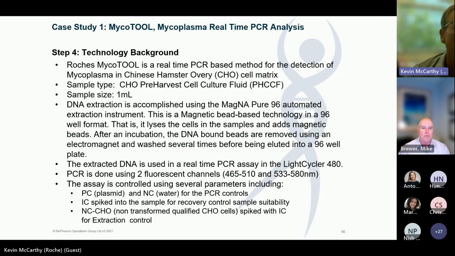The Roche MycoTool is a real-time PCR-based method for detecting mycoplasma in CHO cell matrix. And of course, the sample type is our CHO cell PHCCF, or pre-harvest cell culture fluid, with a sample volume of 1 ml.